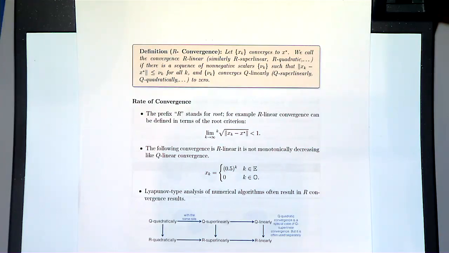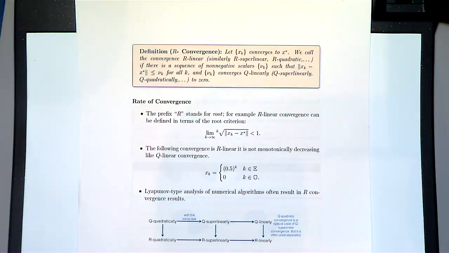If I have a sequence and I can find another sequence that bounds it, and that bounding sequence behaves in a nice way, my original sequence inherits the convergence properties of that bounding sequence.